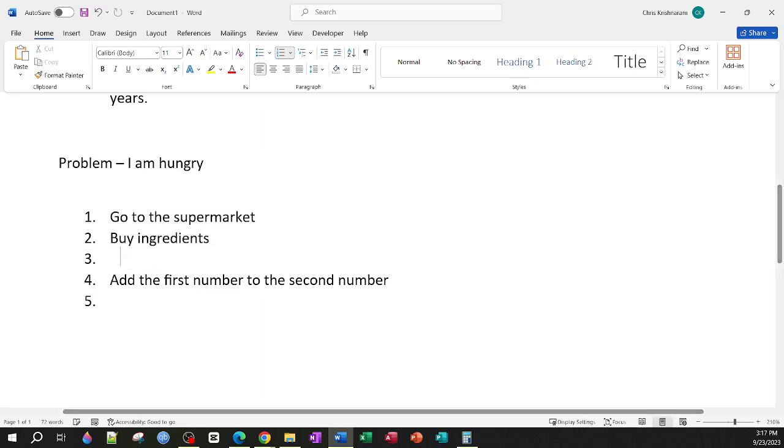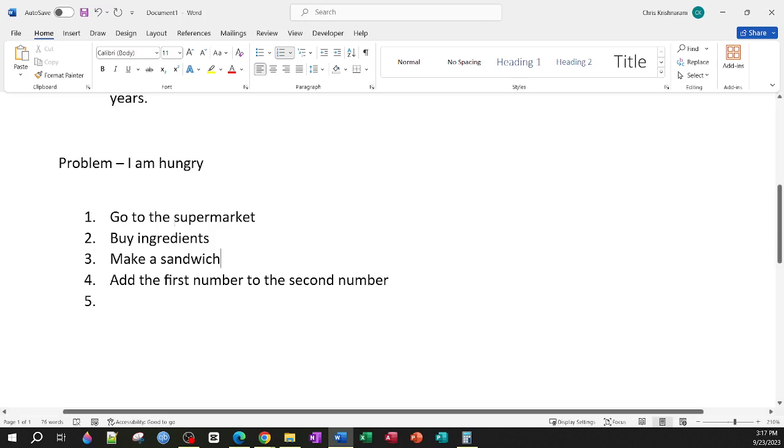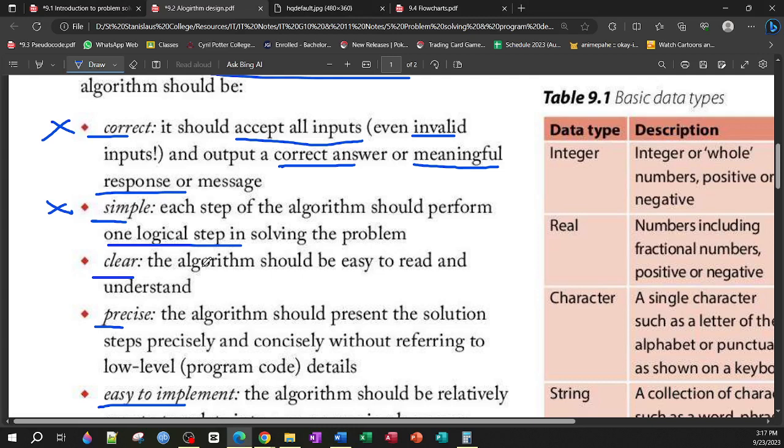So, like if we just write make a sandwich, there's so many things that could go into making a sandwich. We gotta buy ingredients, we cut up ingredients, we gotta prepare the ingredients. That step could be subdivided into so many things. And so that's what we mean. Each step must be one small logical step, one small thing that we're doing.